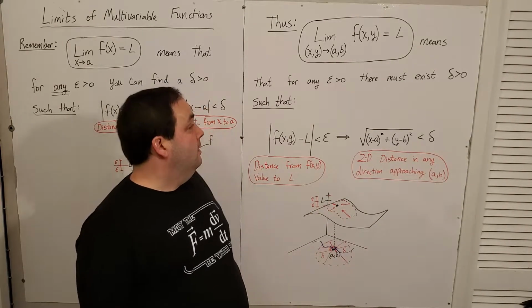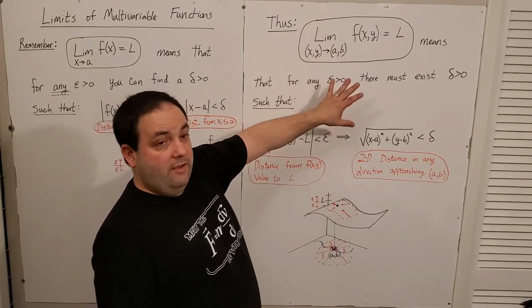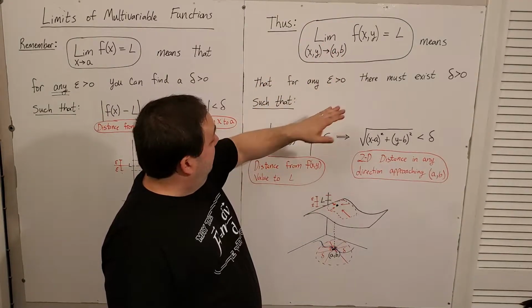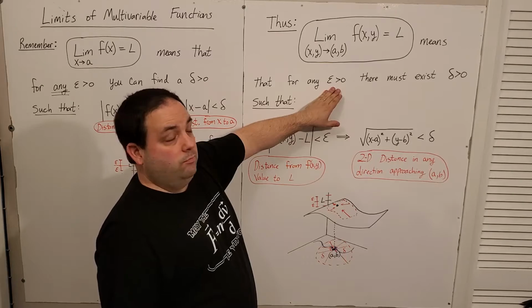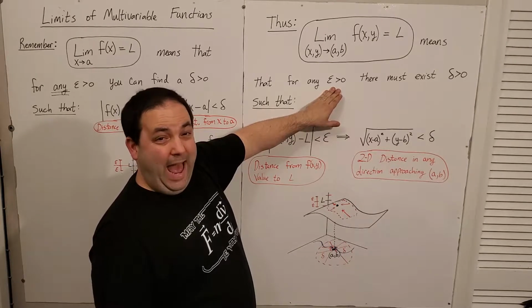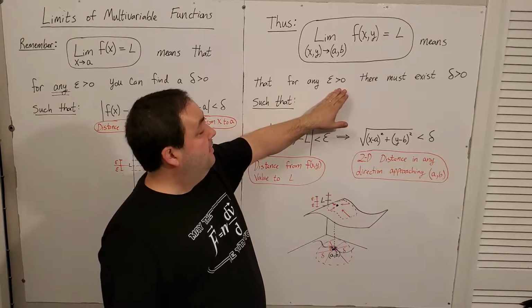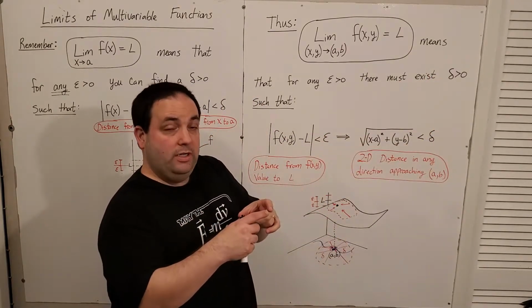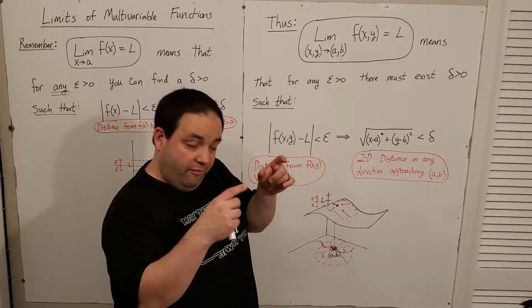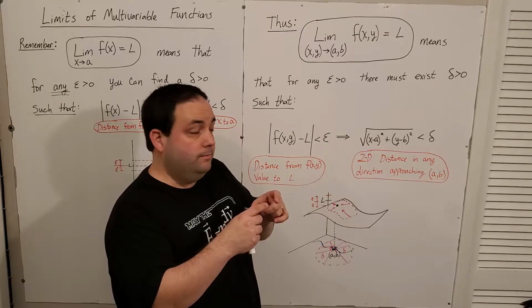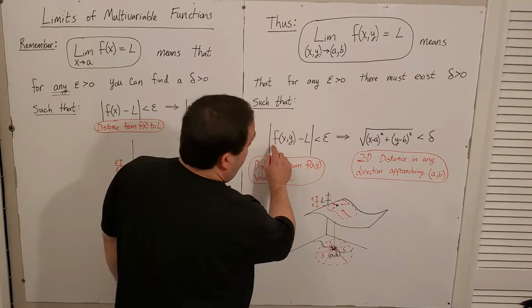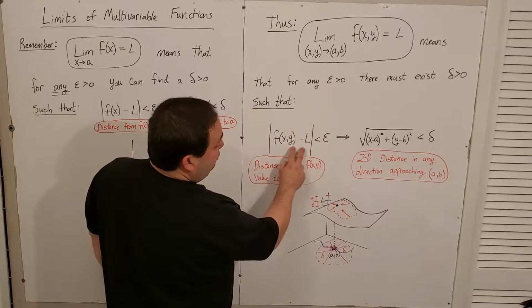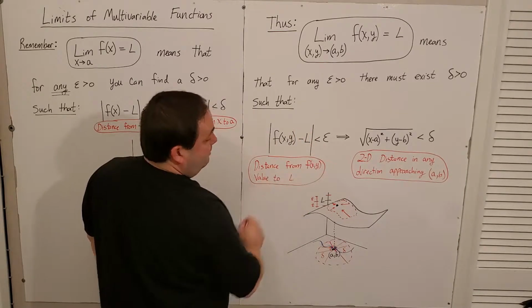Okay? So we have the same kind of definition. Let's just run through it here. Every epsilon, remember that's an output gap, right? Then I must be able to find some delta such that the input is only that far away from the point that we're approaching. Okay? So right here, the distance from the function to L is less than epsilon.